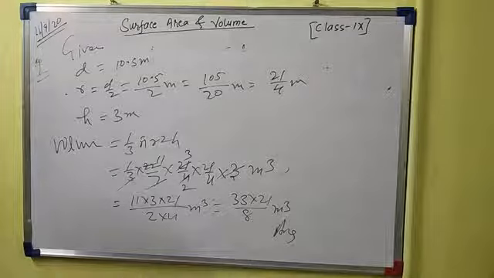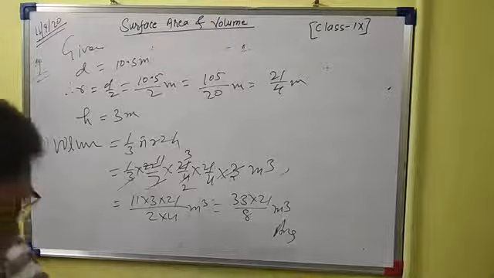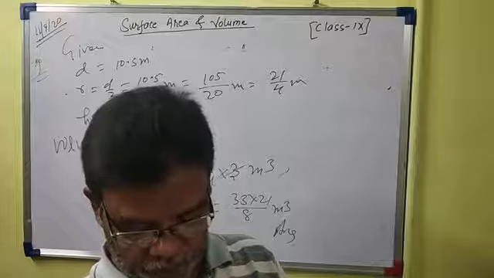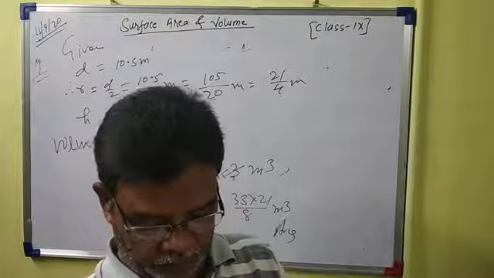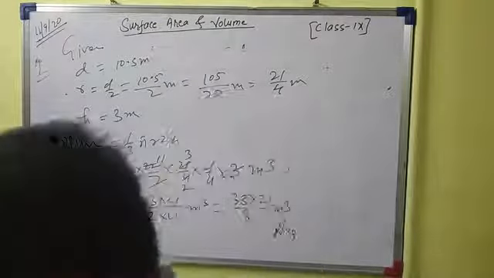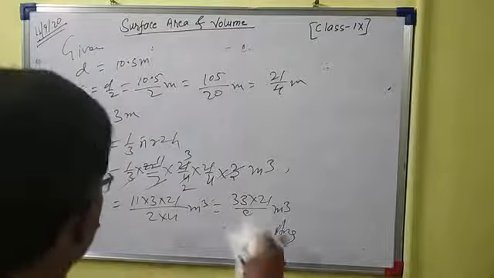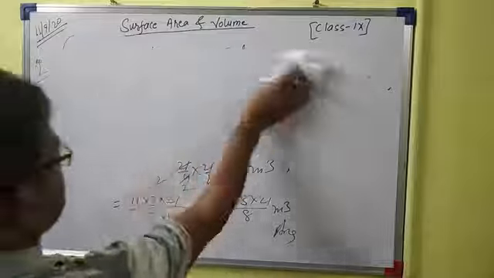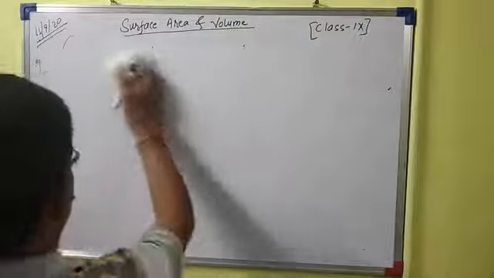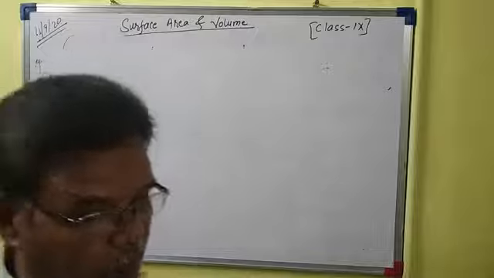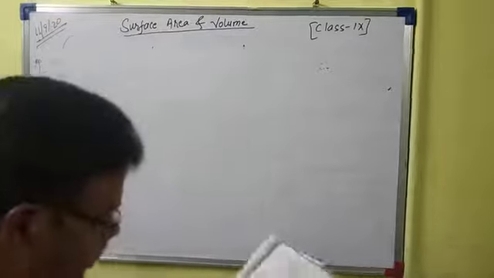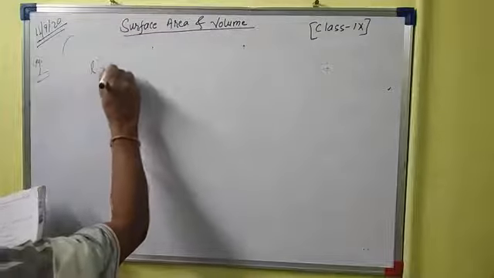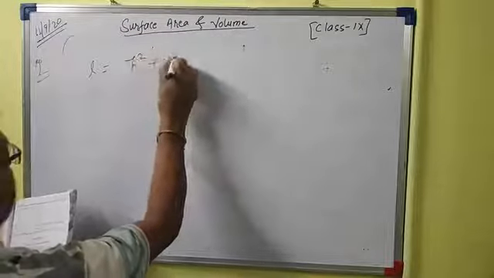The heap is to be covered by canvas to protect it from rain. Find the area of the canvas. Second part of the question, first of all, we have to find out the value of L. L equal to under root h square plus r square.